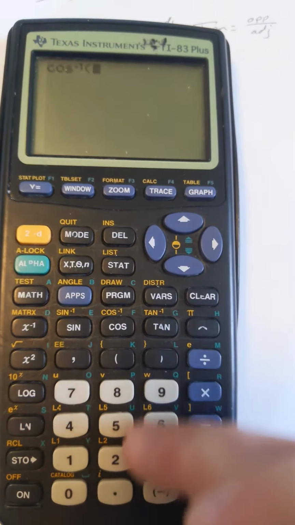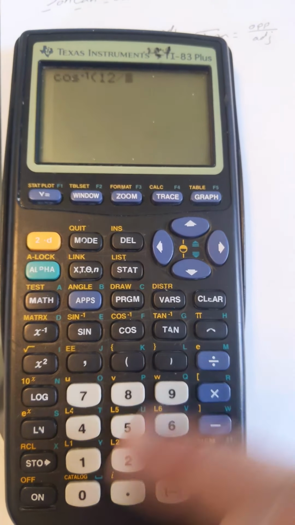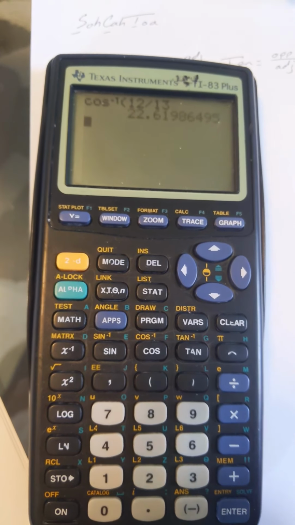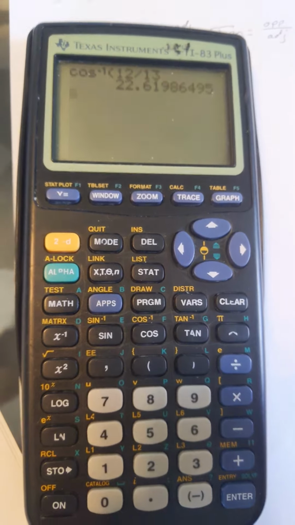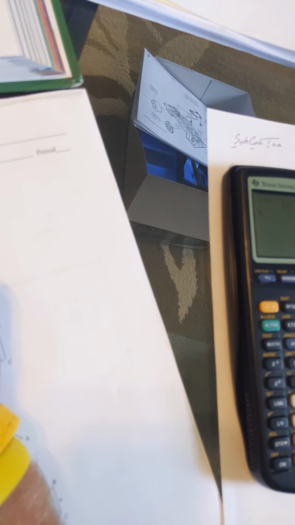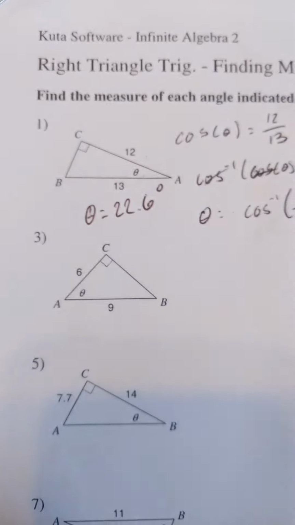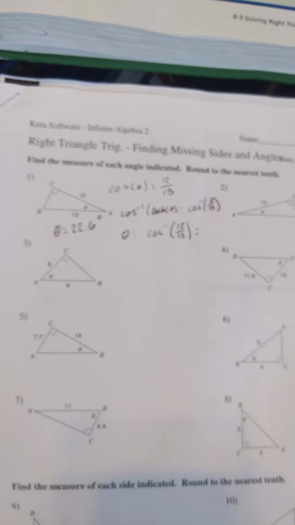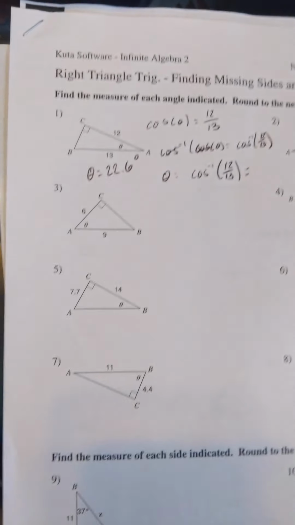Inverse cosine 12 divided by 13, enter, 22.6 degrees. Theta equals 22.6 degrees. And it does it for you. It's awesome. These are great tools to help you find angles and side lengths.